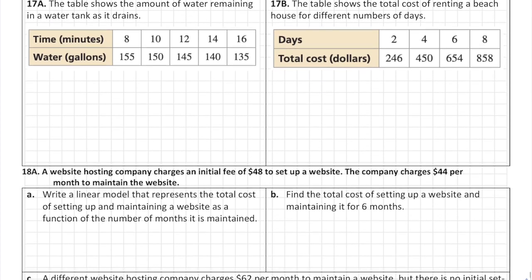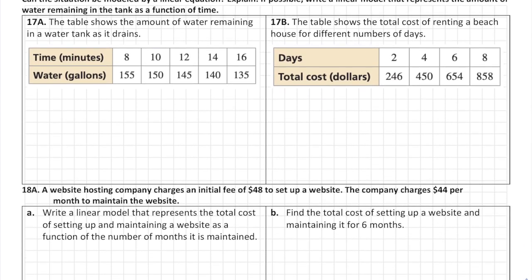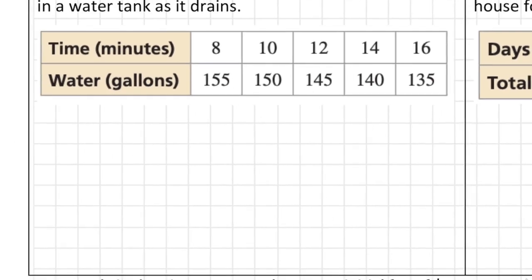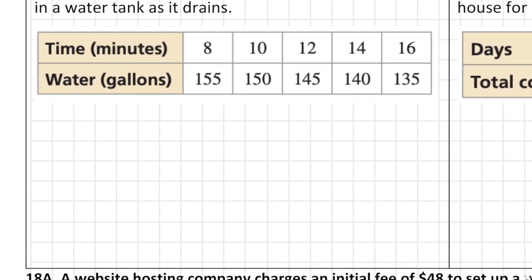17. Can the situation be modeled by a linear equation? Explain. If possible, write a linear model that represents the amount of water remaining in the tank as a function of time. For this one, first I have to check that it is a linear function. In our last unit, we looked at tables and saw if they were linear.